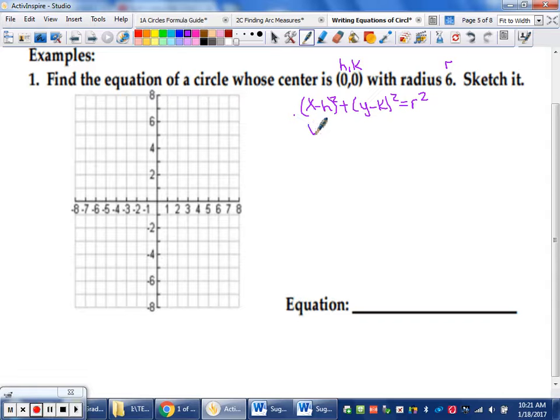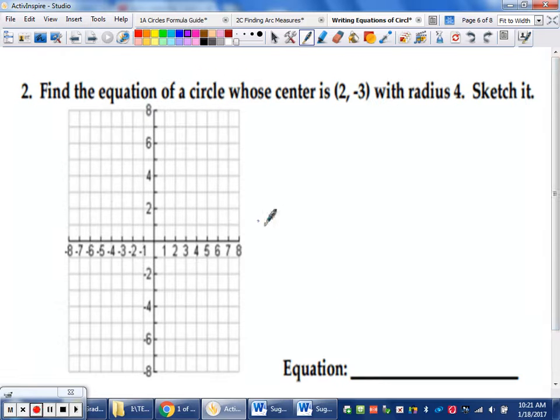So if I plug these in, it'd be x minus 0 squared plus y minus 0 squared equals 6 squared. Well, x minus 0 is just plain old x, so that's x squared, plus y minus 0 is y squared, equals 6 squared is 36, and there is my equation.